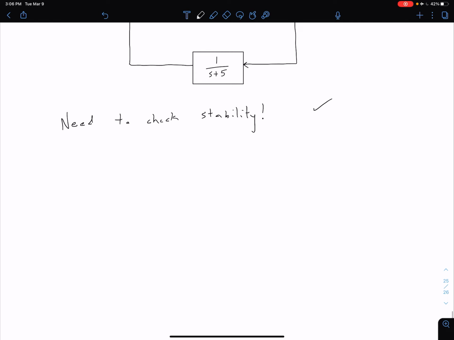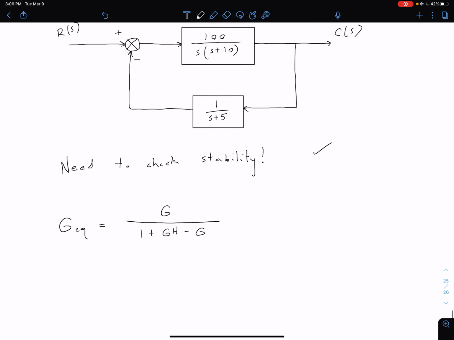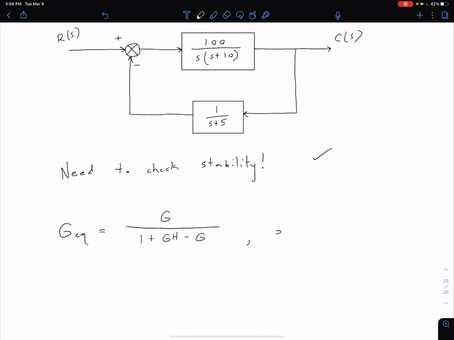In that video, we came up with an expression for an equivalent G_EQ equal to G in the numerator divided by 1 plus G times H minus G. All we need to do is plug in, using for G this 100 over s times the quantity s plus 10, and for H that feedback block, which is 1 over s plus 5.